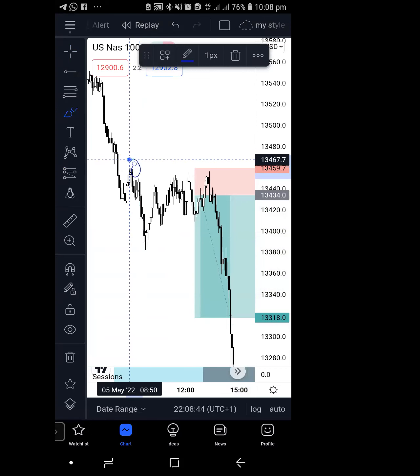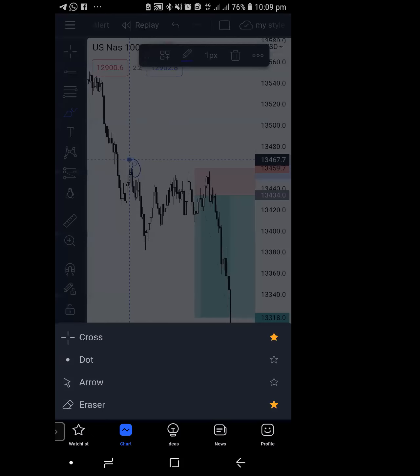The reason is, one, spread during the New York session might get a bit large and then spread might just come and take me out. Two, they might just wick me out at that high and then drop and still close in structure, which was the reason why I placed my stop loss there.